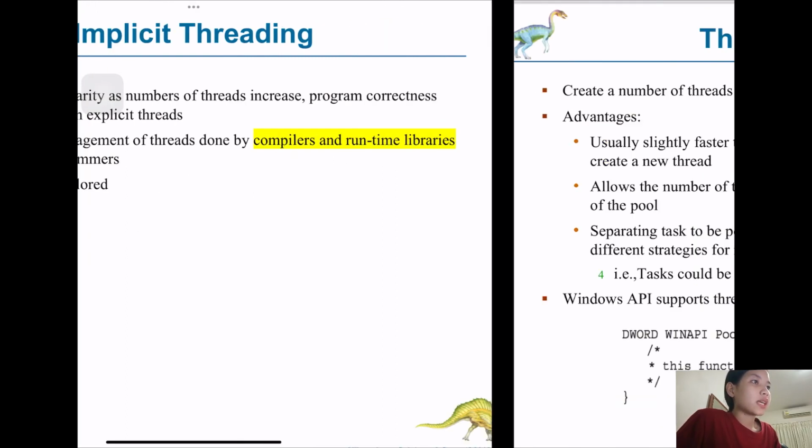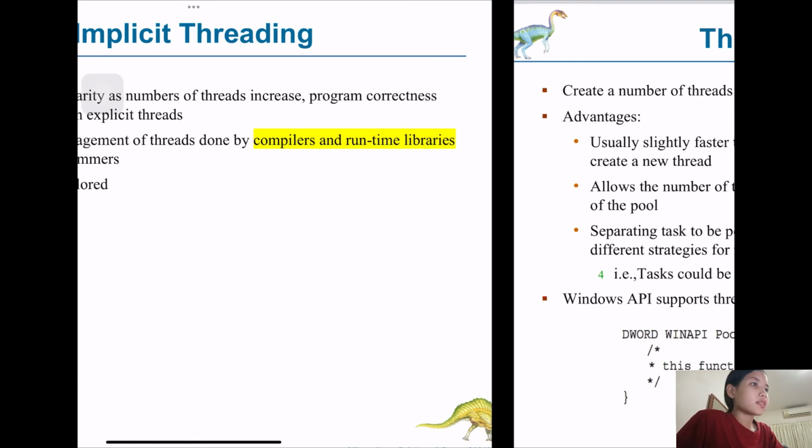Thread pool: create a number of threads in a pool where they await work. Advantages: it is usually slightly faster to service a request with an existing thread than to create a new thread. It allows the number of threads in the application to be bound to the size of the pool. The Windows API supports thread pools.